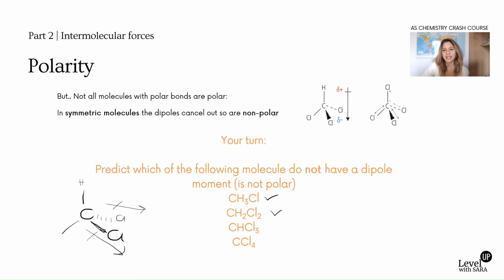The other one also has another chlorine added to that. So the dipoles go in the same direction, so it will also be polar. So the only one that is not polar is the CCl4, because all of the dipoles go in different directions, so they cancel out. So this one is not polar.